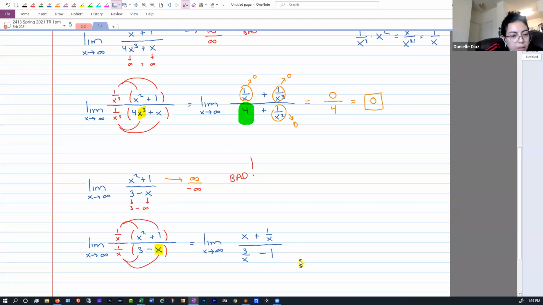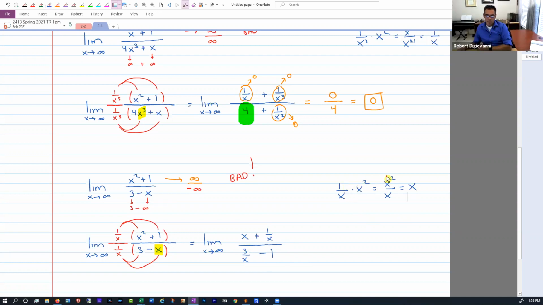How did we get the 1 over x when we distributed to x squared? I can't do the math. This times this, you get the x, right? Is that what you're asking? Yeah, like when we distribute 1 over x times x squared. I guess just the simple math that goes into it. 1 over x times x squared, just put the x squared on top and then cancel one of the x's with this one.